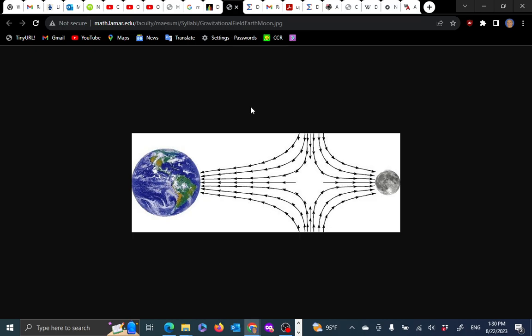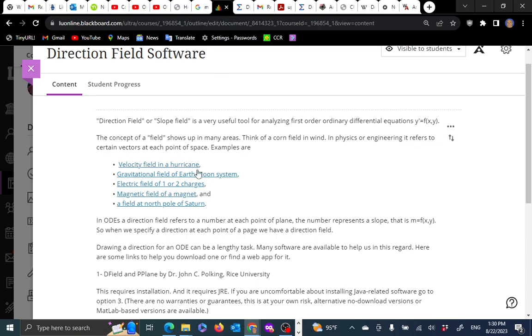We said a field is a collection of vectors that fills up space, and they are drawn based on certain physical laws. So let's go ahead and take a look at some other examples quickly. Another place that you see fields is in electromagnetism.